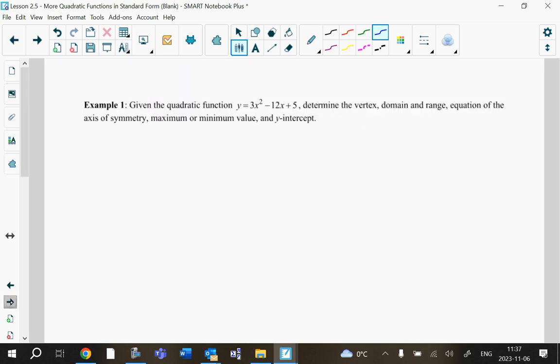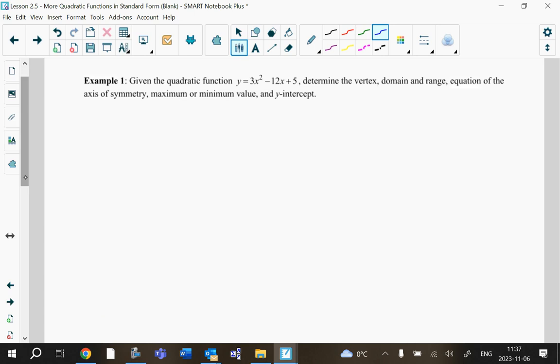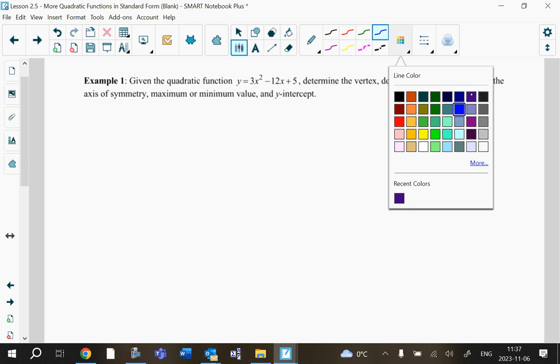So I just want to look at this example. We're asked to find a whole bunch of properties. Well, we can't read the vertex off of this form right now. So there's one of two ways we could do this.